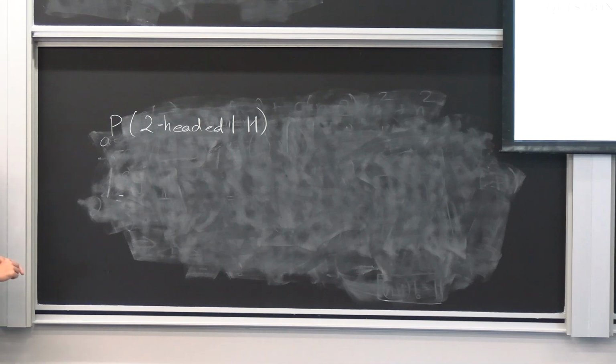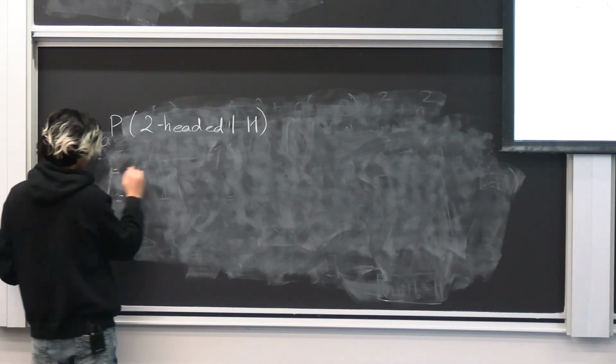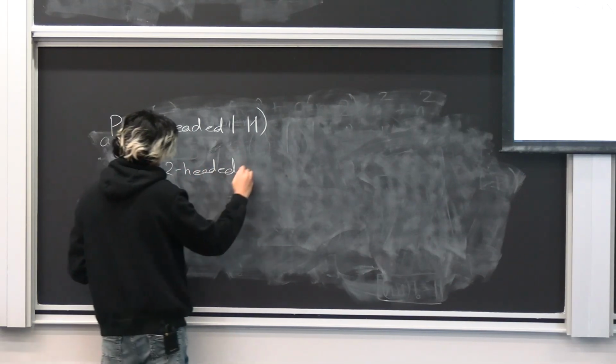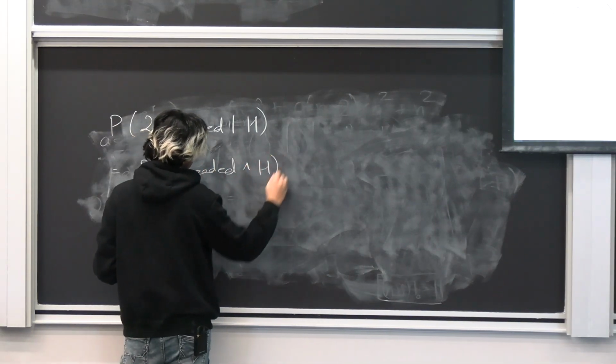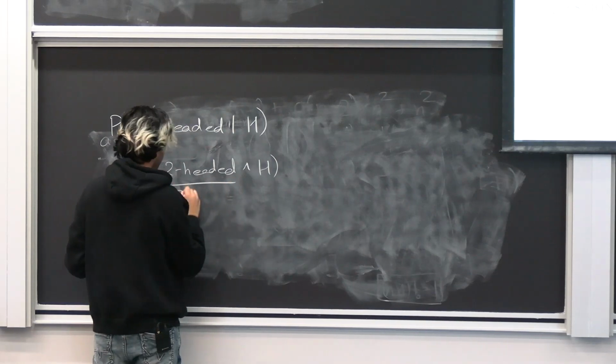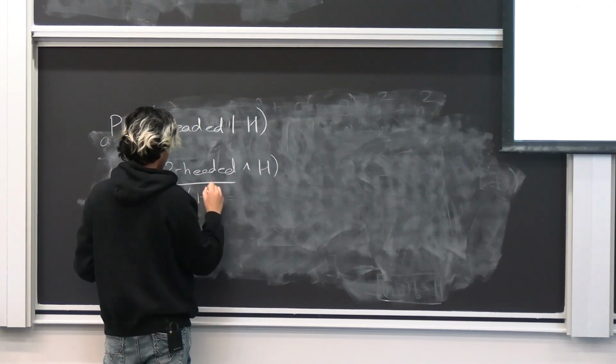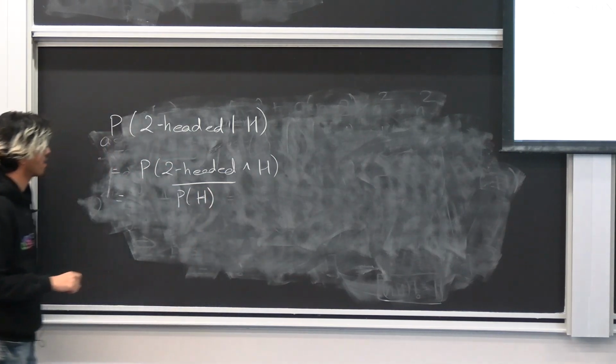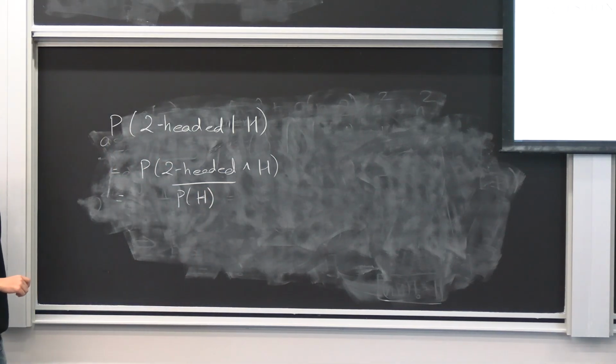Probability of two-headed intersection heads, divided by the probability of heads, and that is 1/3 times 1.